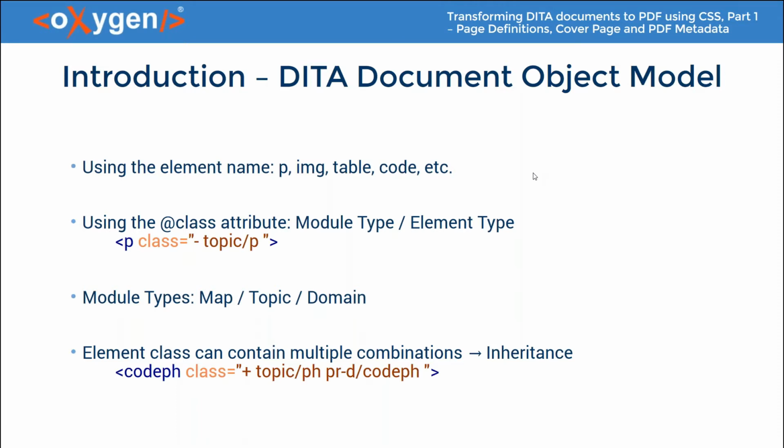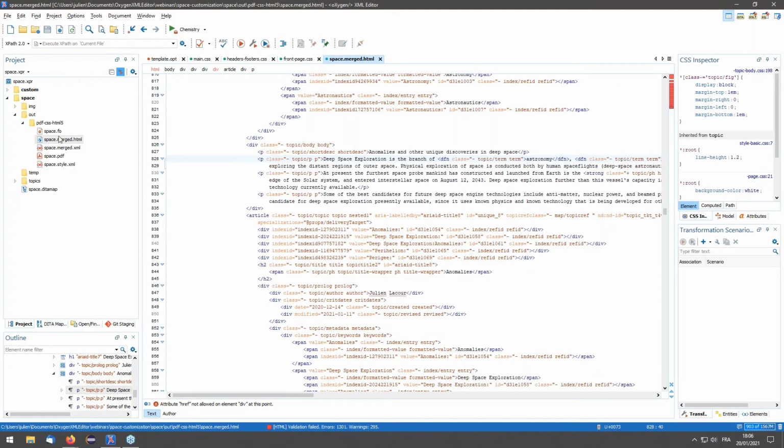And if I go to Oxygen, for example, and open a generated document using DITA, I can find that, in fact, during the process of transformation, DITA is converting, in my case, because I am using the PDF HTML5 transformation, my intermediary document is an HTML5 document, which contains a lot of classes, which are in fact the conversion of the original DITA class and DITA element to an HTML element with a specific class.